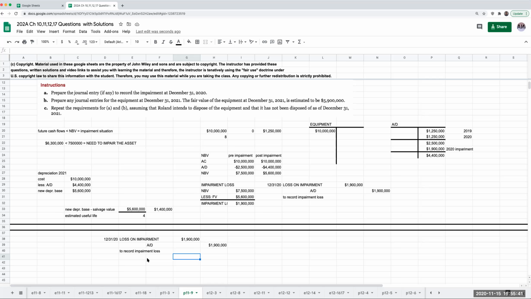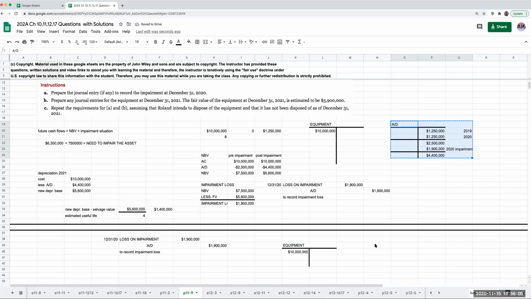So repeat the requirements, assuming they're going to dispose of the equipment. It's no longer property, plant, and equipment. We're not using it anymore in our operations. So in 2020, I still have to go through the same process. I'm still going to debit equipment, and the accumulated depreciation on that equipment isn't changing.